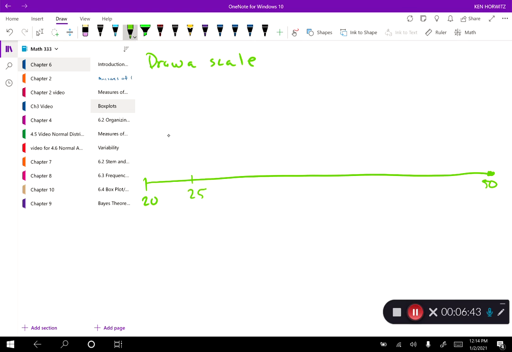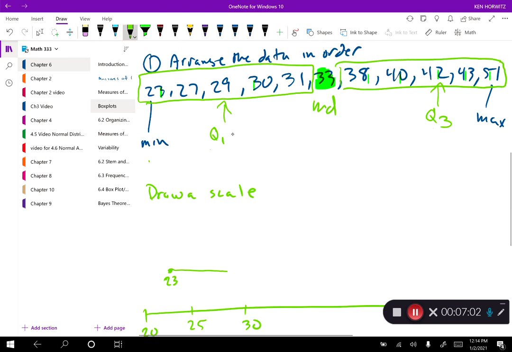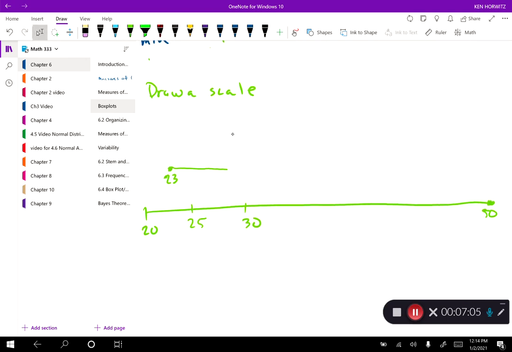Our minimum is 23, so I'm going to literally label it 23. Our Q1 is 29, so I'm going to go a little bit before 30. I'm going to go straight line as best as I can. Call that 29.